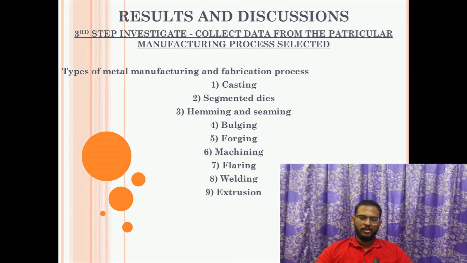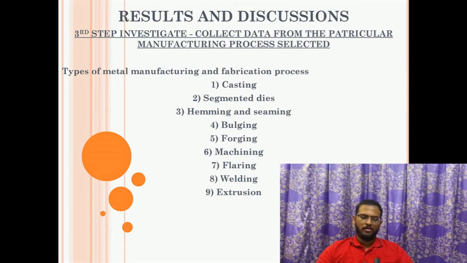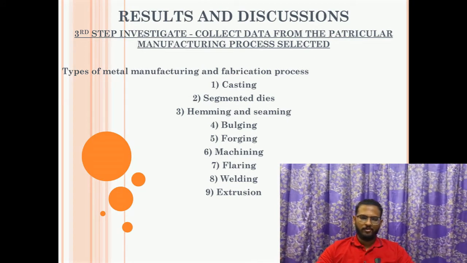The third one is hemming and seaming, which are also processes in metal manufacturing. They are two similar metalworking processes in which a sheet metal edge is rolled over onto itself.